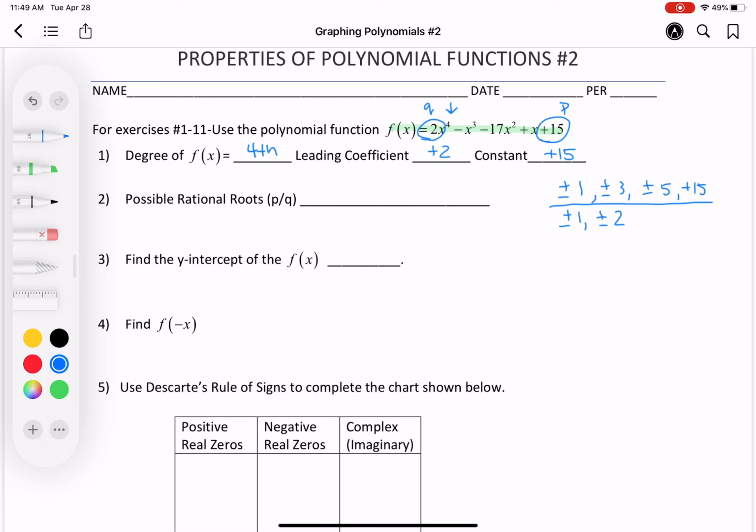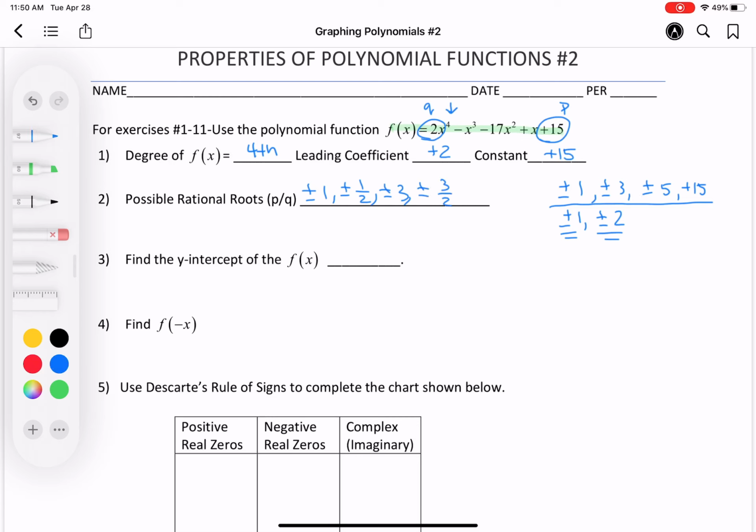All right, next we are going to list all the possible rational roots. Okay, so first it's 1 divided by 1, which is just 1. Next it's 1 divided by 2, which is plus or minus a half. Okay, now we're going to move on to the next number, which is 3. We're going to do 3 divided by 1, which is just 3. 3 divided by 2, which is 3 over 2.